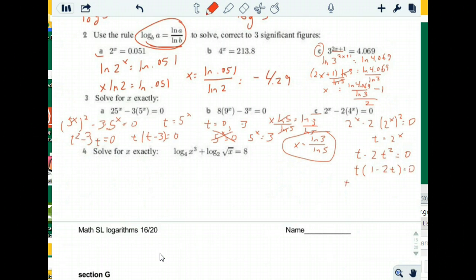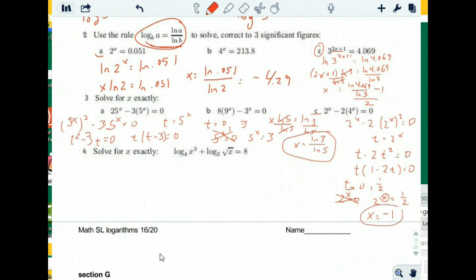So the two solutions are t equals 0 or t equals 1/2. So 2 to the x is equal to 0, or 2 to the x is equal to 1/2. We know that 2 to the x can never equal 0 because of the horizontal asymptote at 0. And here we can just see that the x could be negative 1 because 2 to the negative 1 is equal to 1/2. So that's the solution.